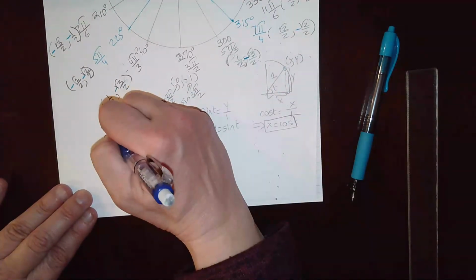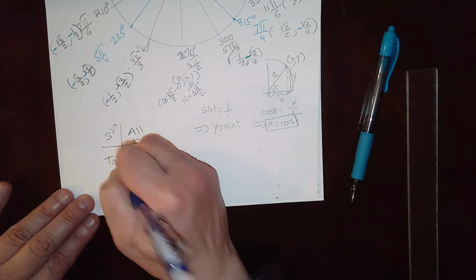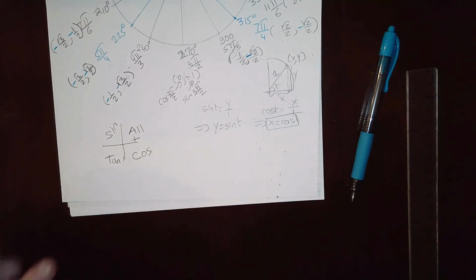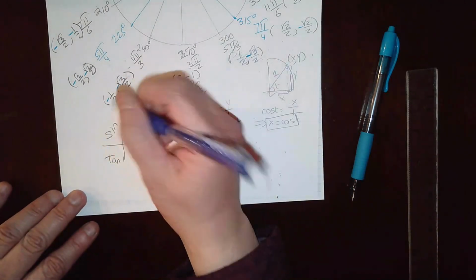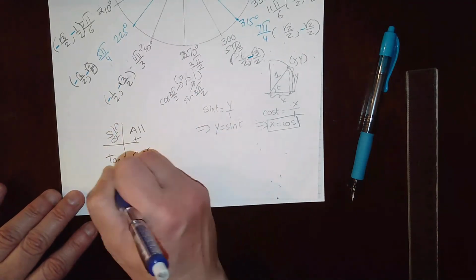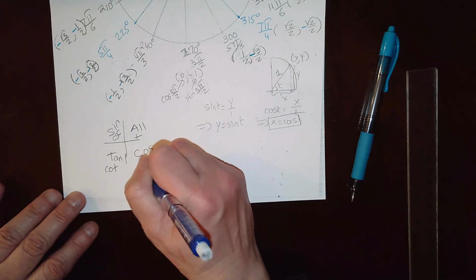Here the sine is positive. Here the tangent is positive, and here the cosine is positive. But remember, you also have to take into account their reciprocals. The reciprocal of sine is cosecant. The reciprocal of tangent is cotangent. The reciprocal of cosine is secant.